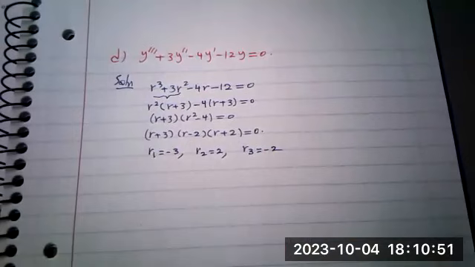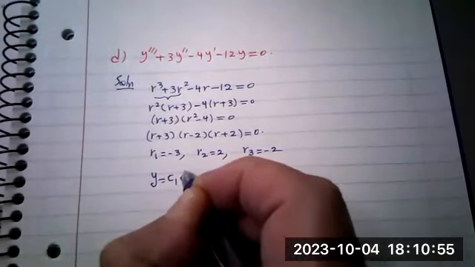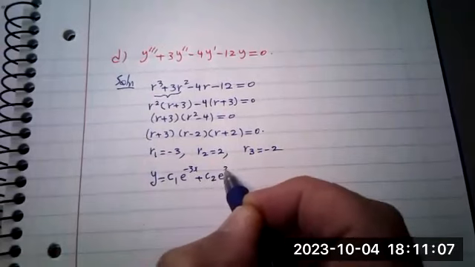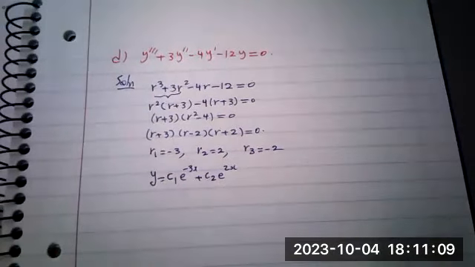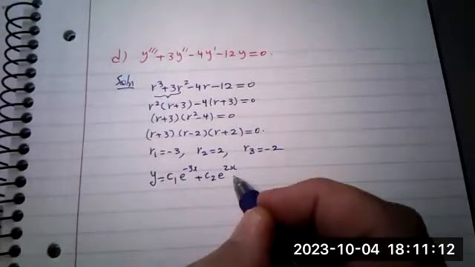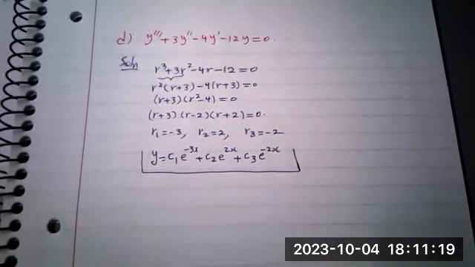So we go for it. y would be equal to the first one, C1 e to the negative 3x. It's not a repeated solution, you're done. If it's going to be a repeated solution, you have to take care of it. Plus the second one, C2 e to the 2x. Again, it's not a repeated solution. So we're done. Plus C3 e to the negative 2x. And this is not a repeated solution. So this is going to be the final answer.